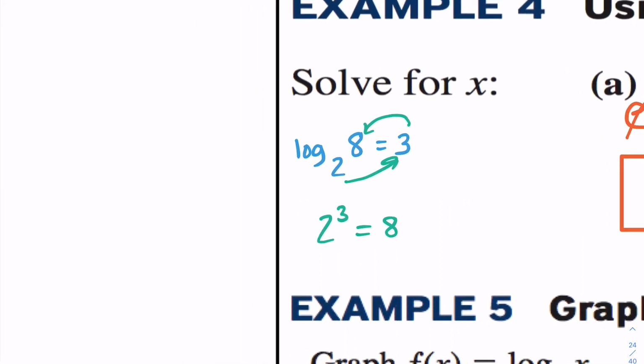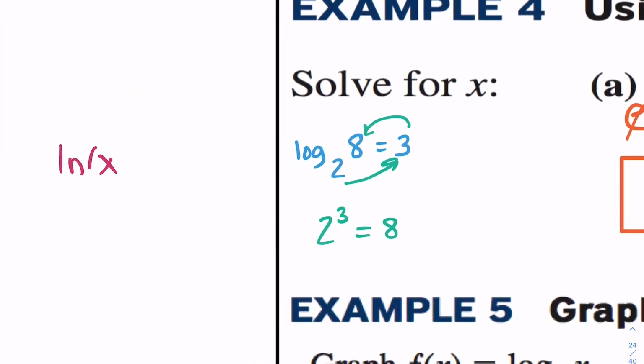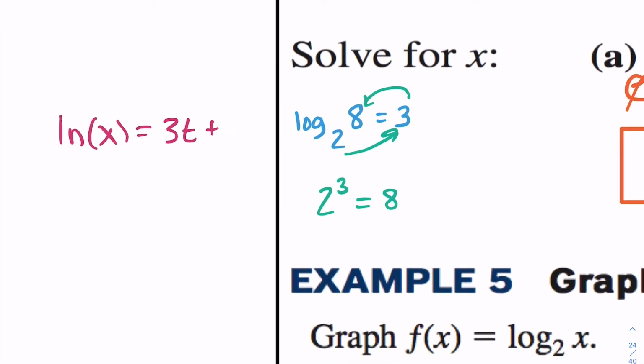So we have log base e, well, it's ln of x equals 3t plus 5. If I rewrite this as log base e of x equals 3t plus 5, I can do the same exact thing I did here in green.